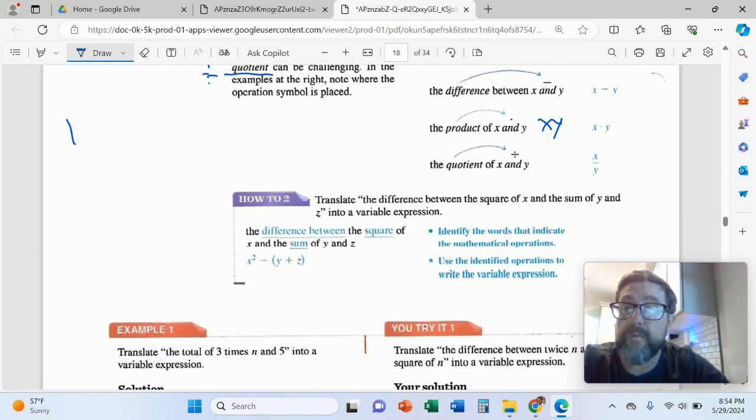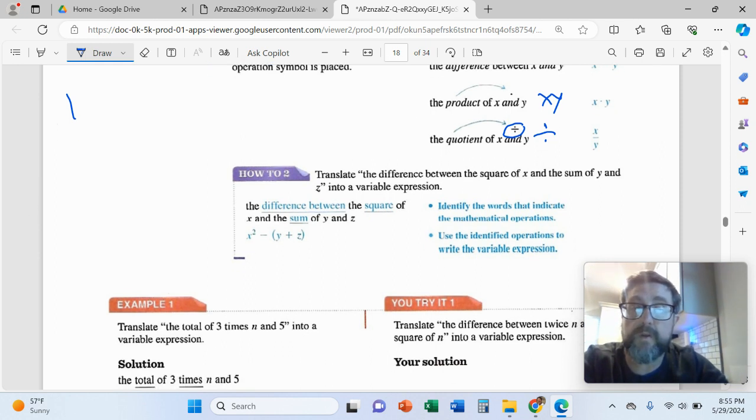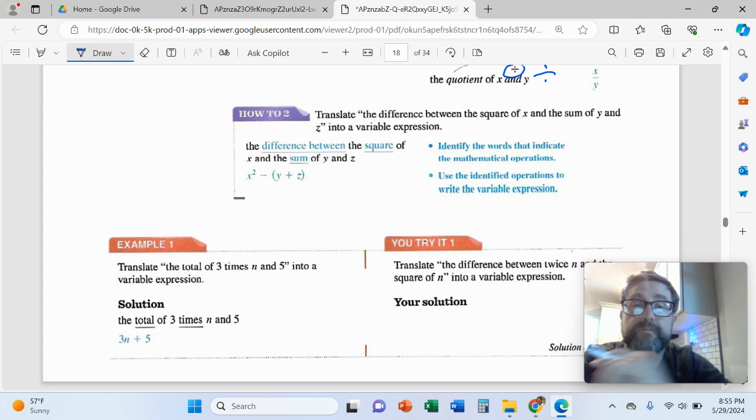The quotient of x and y is x divided by y. Remember, they show this for the division sign, and this is just this number divided by this number. That is a fraction, or what division is. Next, the difference between the square of x and the sum of y and z.